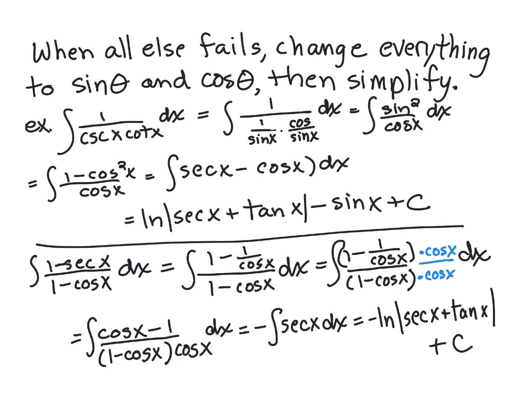And when you just can't figure it out, and none of the formulas work, and you don't know what to do, you can always fall back to changing everything to sines and cosines, use your identities, and you'll be able to figure it out. So look at this example right here with cosecant and cotangent in the denominator. Well, cosecant is 1 over sine, cotangent is cosine over sine.